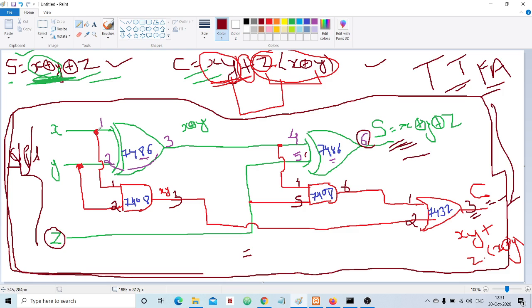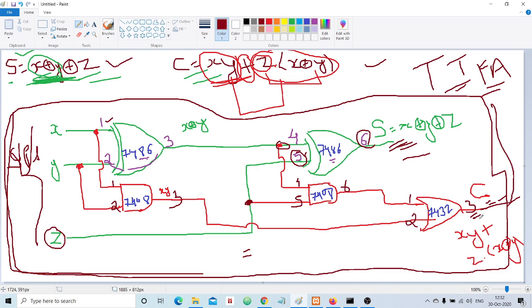Then you connect 1 of 7486 to 1 of 7408, 2 of 7486 to 2 of 7408, 3 of 7408 to 2 of 7432, then 4 of 7486 to 4 of 7408, 5 of 7486 to the same line, 5 of 7408, or you can take from Z also, no problem. But the important thing is it should be connected to this particular line. Clear? Okay, then from 6 to 1 of 7432, then finally connect 3 to another output and call it the second output of the circuit.